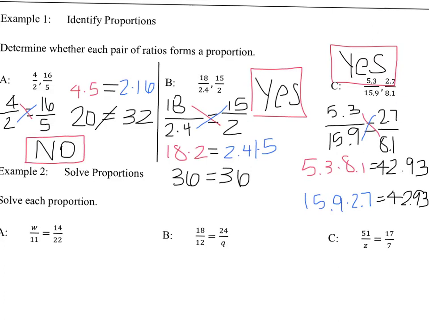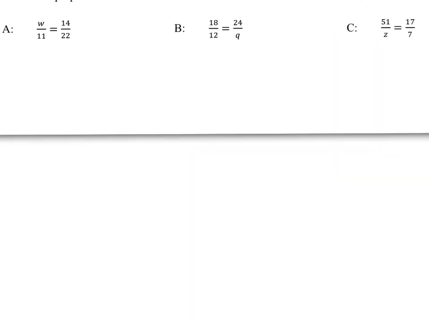Okay, now let's go ahead and move on to example 2. For example 2, we just need to solve for the variable. So we're going to use cross multiplying again. Remember, if this is going too fast for you, pause the video, rewind, go back to what you need to see. Okay, so let's do A. We are going to cross multiply. So W times 22 is 22W. Then we need to do 11 times 14.